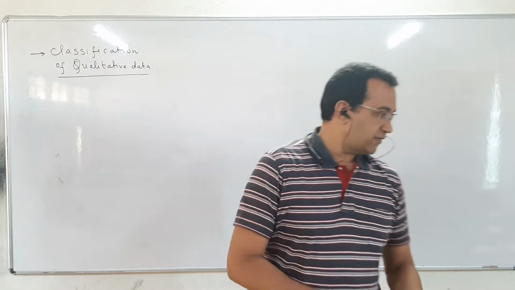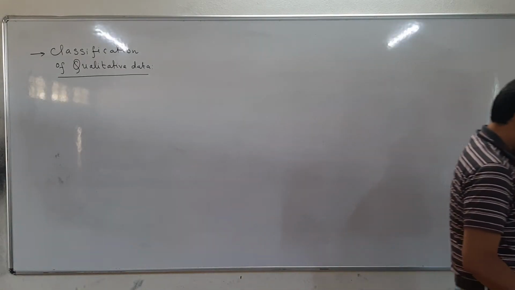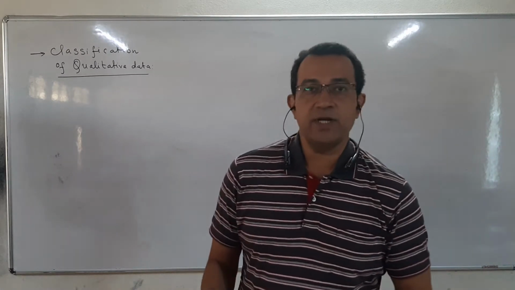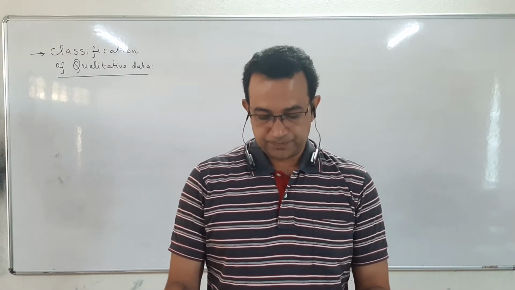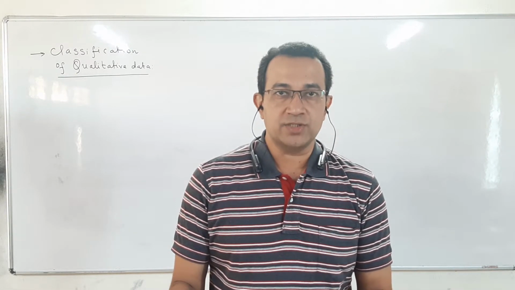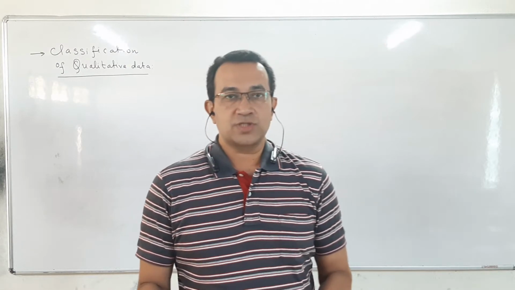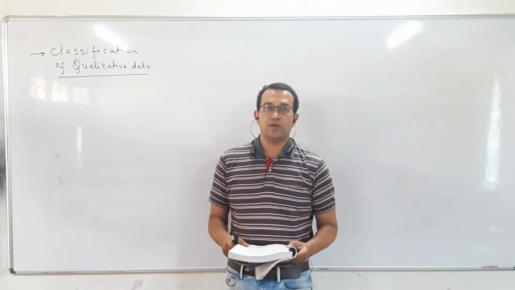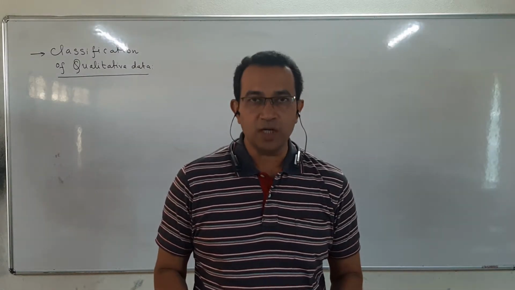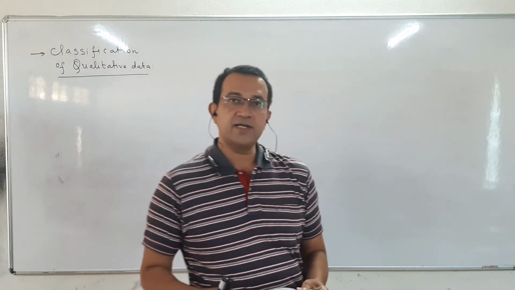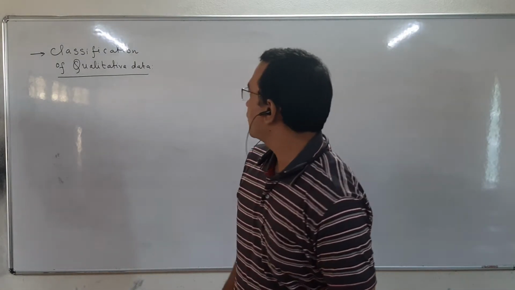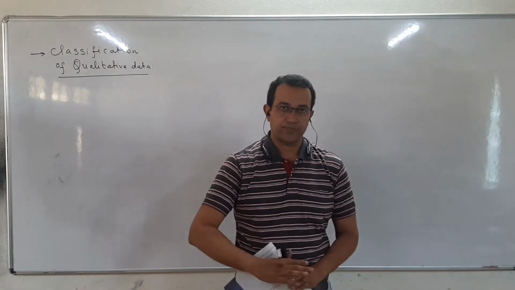So first of all, our first definition is classification of qualitative data. The process of systematic arrangement of qualitative data or attributes in the form of rows and columns on the basis of standards of classification is called classification of qualitative data.